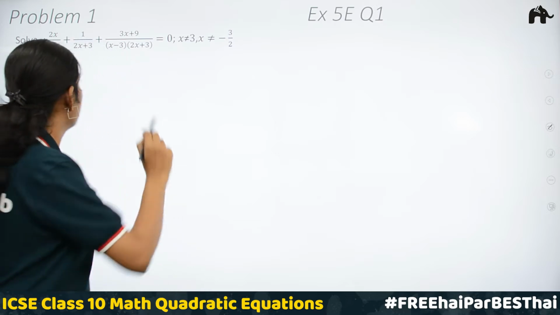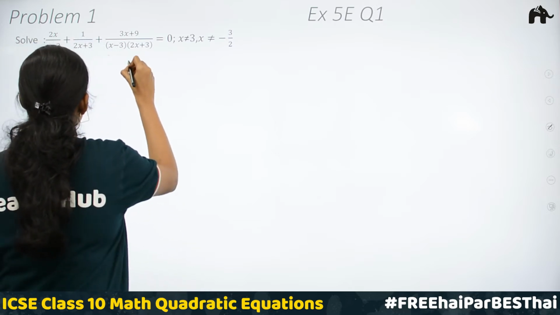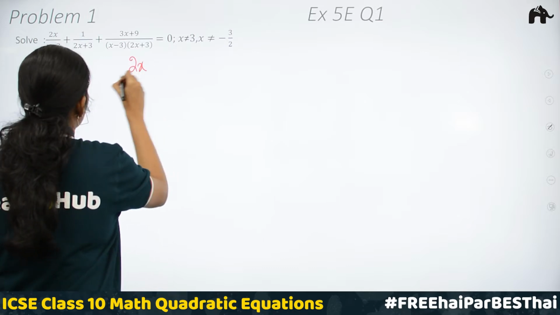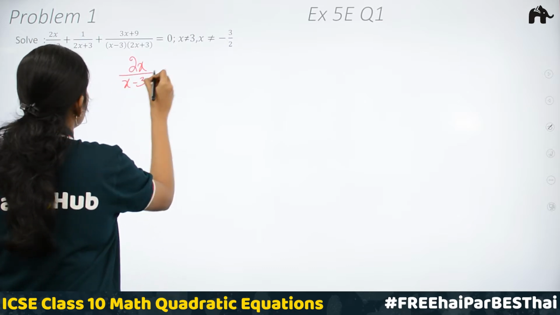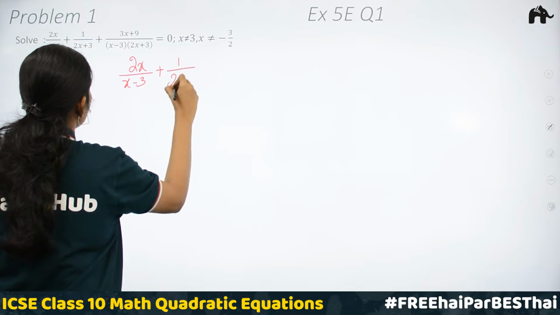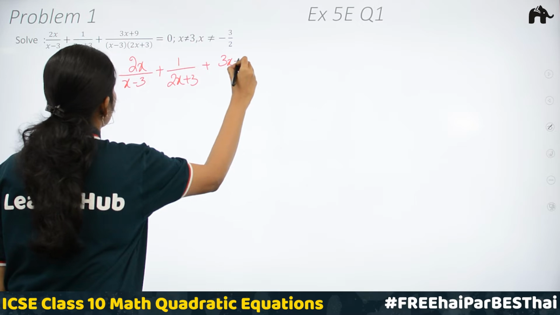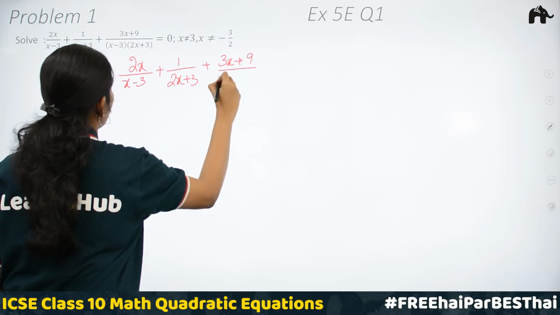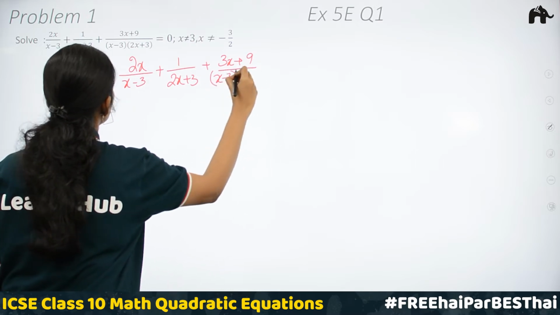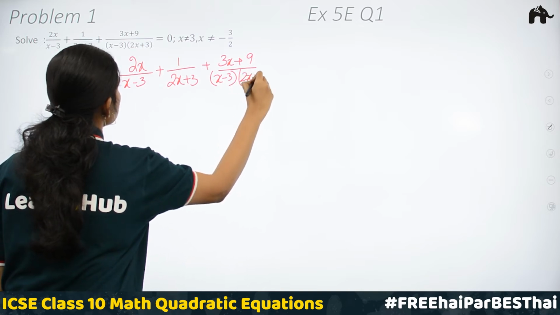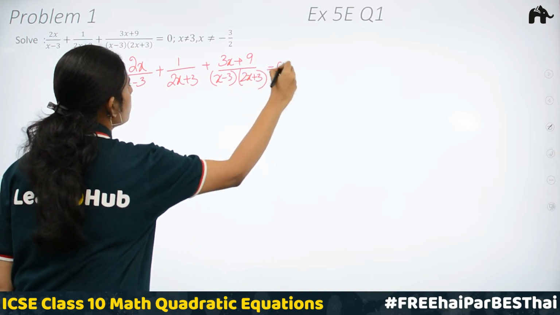Okay. So, the equation is 2x divided by x minus 3 plus 1 by 2x plus 3 plus 3x plus 9 divided by x minus 3 into 2x plus 3 is equal to 0.